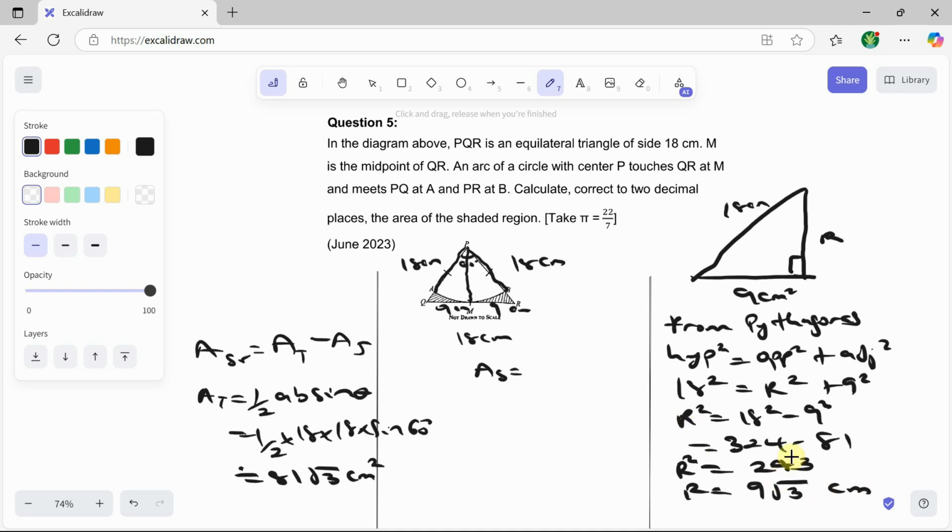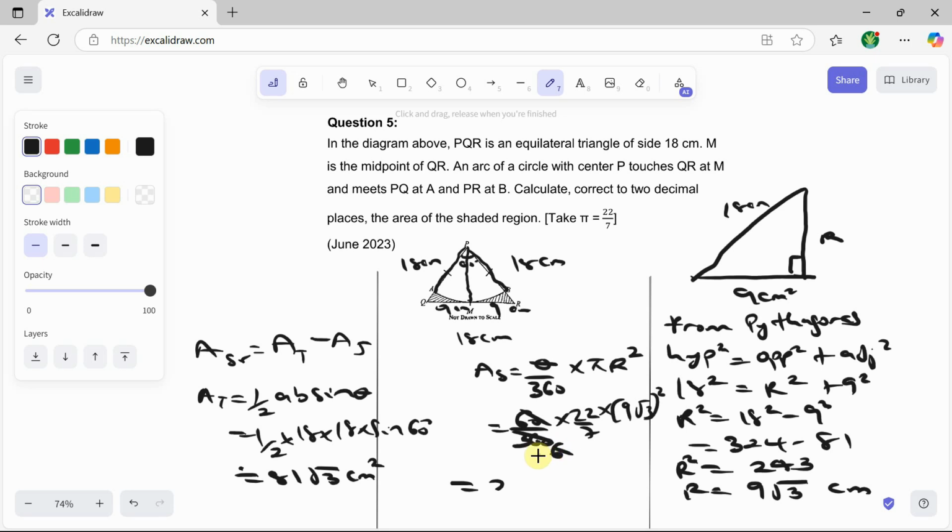So that's our r. Based on that, we can find the area of our sector, which would be theta over 360 times pi r squared. Let me say capital theta, because I use capital r here. So our theta is 60 over 360 times 22 over 7 times 9 root 3 all squared. So this will cancel, this will remain 6. Let me simplify.